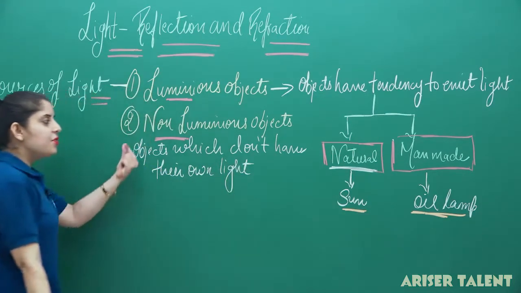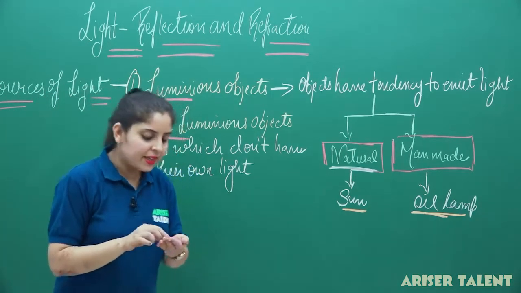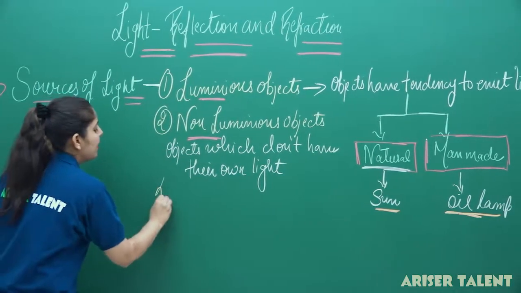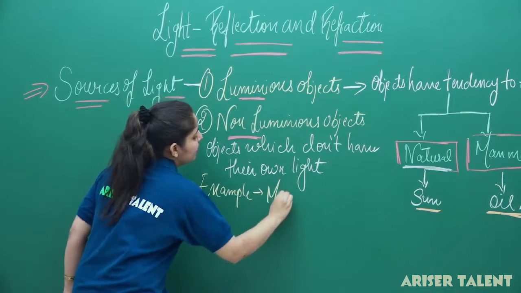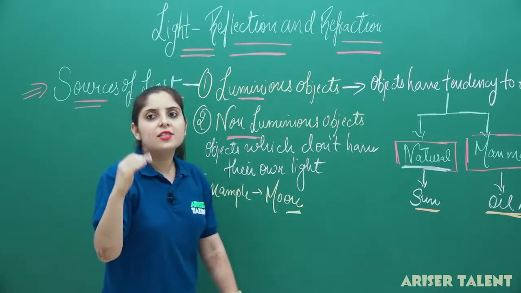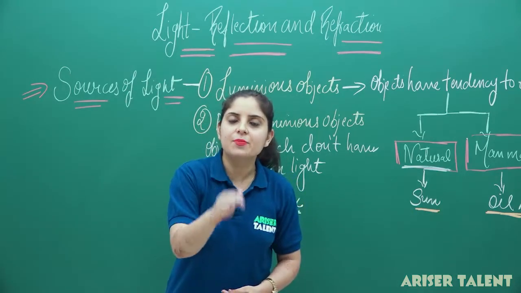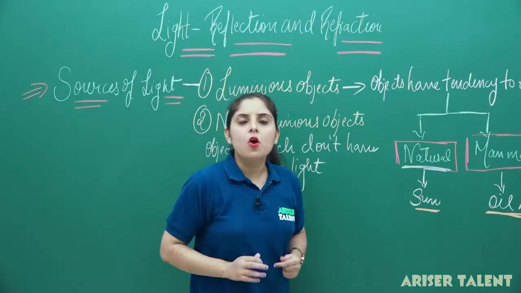The objects which do not have their own light are termed non-luminous objects, and a very common example is the moon. The moon is giving us light just because the sunlight is falling on it. So, it is shining just because of the sunlight. So, this is the category of the sources of light we have.